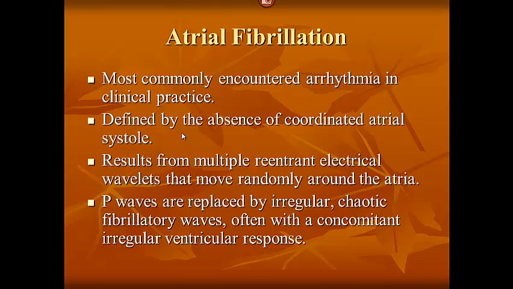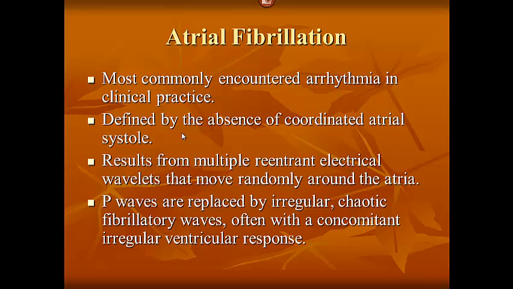Most commonly encountered in clinical practice, there is absence of coordinated atrial systole. Instead of having one ectopic foci of entrance, here there are multiple reentrant electrical waves that are bypassing the SA node.